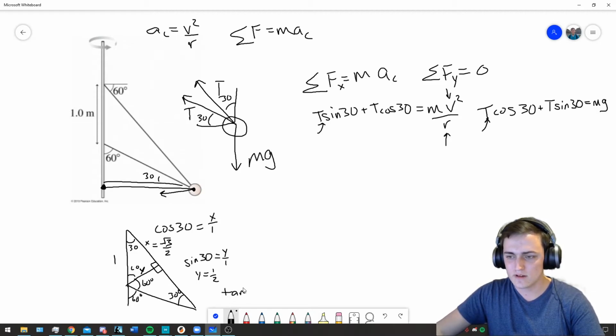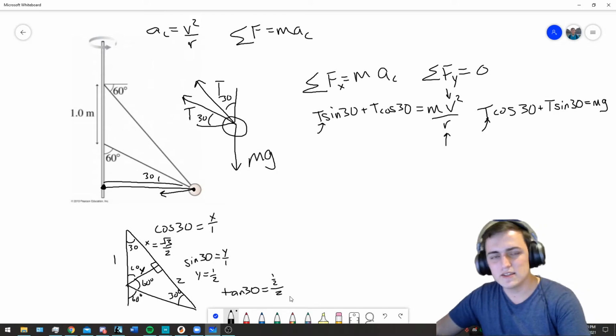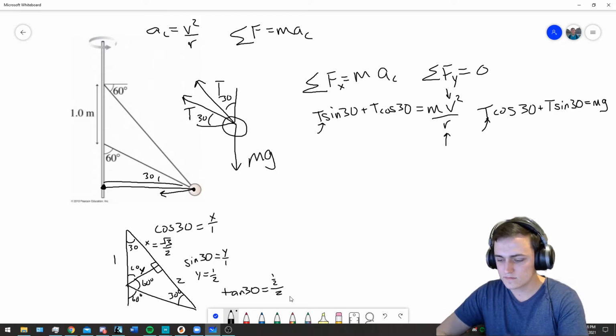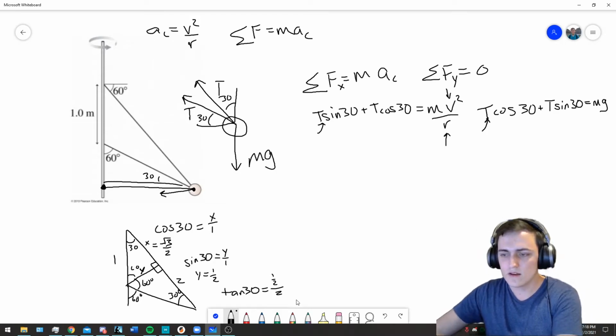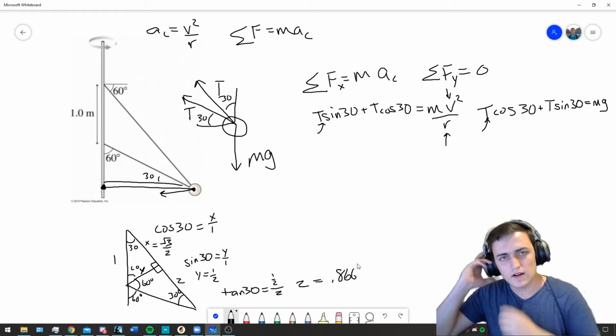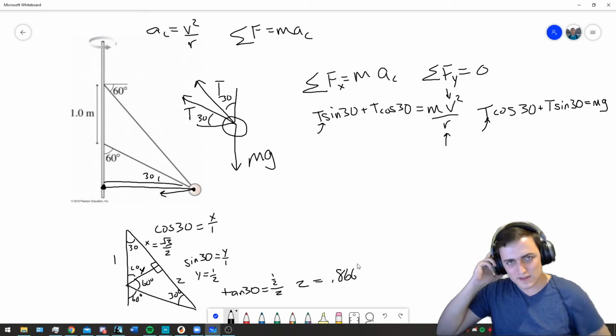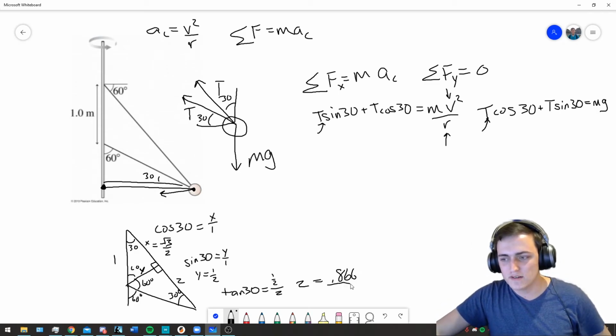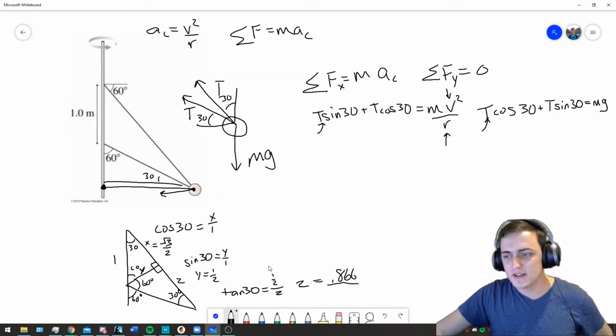Tangent 30 equals opposite 1/2 over adjacent. We call this z. And we can find that z is 0.866. There is a square root expression for it. We're just not gonna go through the trouble of figuring out what it is.